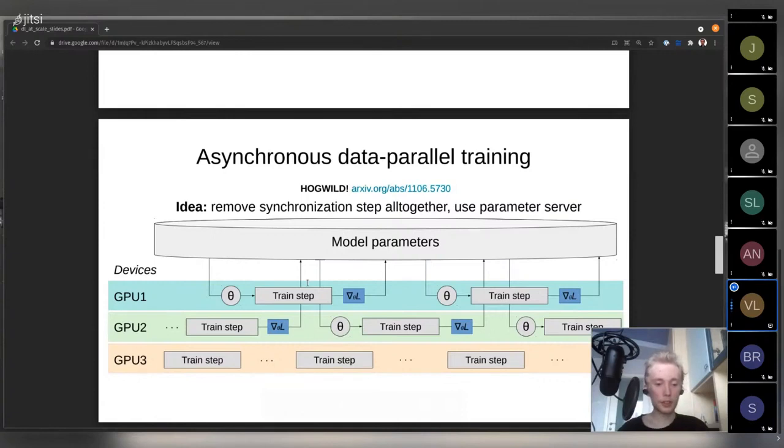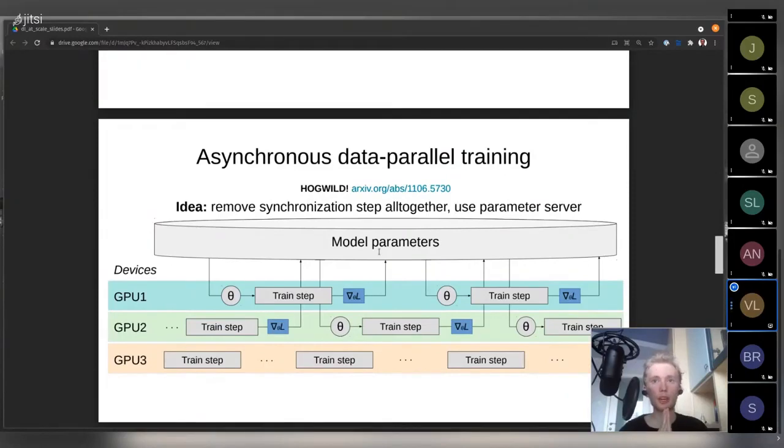The GPU isn't updating its own parameters. They are updating the parameters on a central server, but they're doing it with the gradient that this specific GPU computed. And the information from a stale gradient isn't just discarded.